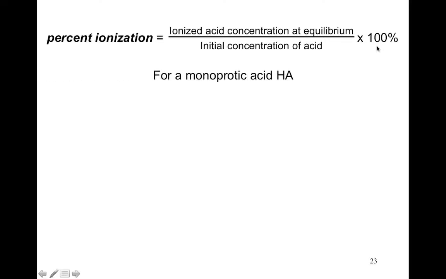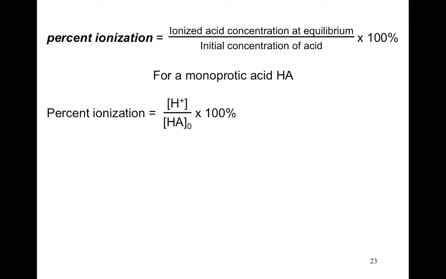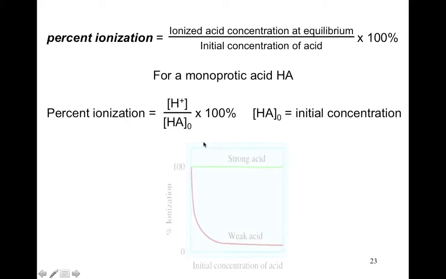So here's how you can do this. For a monoprotic acid, it is H plus, how much hydrogen we've given up, divided by what our concentration was of the acid to start with, multiplied by 100%. So pretty logical stuff. What's our percent ionization? Well, it's how much hydrogen we've given up over your total, just like calculating a grade or anything else.